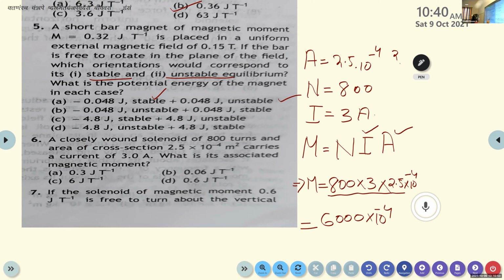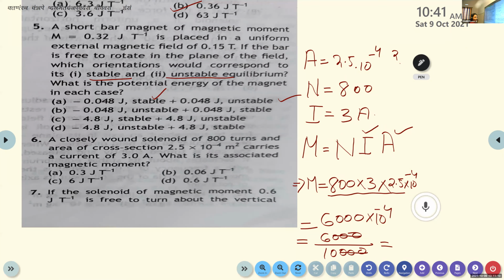Here they are given in terms of powers of ten, and we get 6,000 divided by 10 raised to 4.